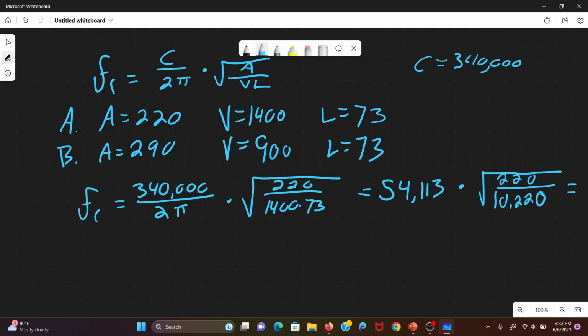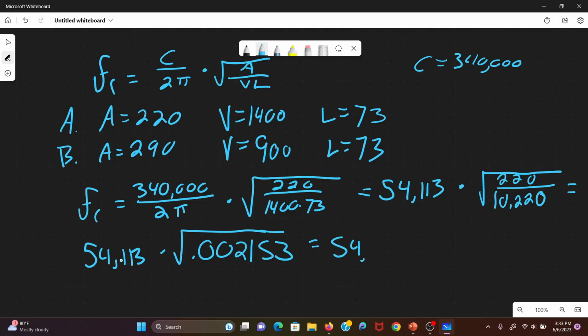I'm not really going to get rid of this 54,113 for a while, so I'm just going to stop talking about it for a little bit. If you do that math right there, that ends up being the square root of roughly 0.002153, which, if you take the square root of that, is roughly 0.04639.